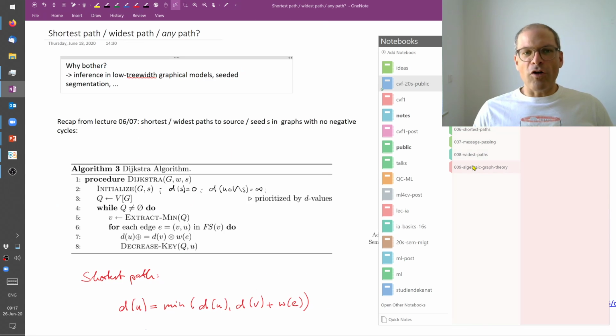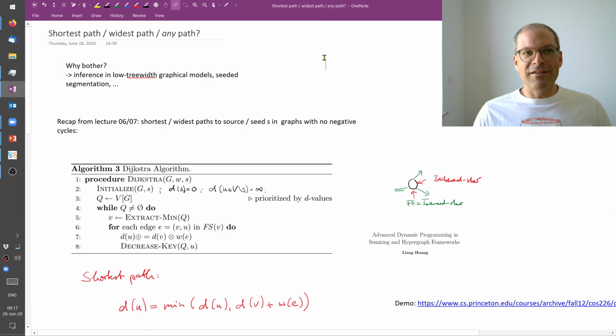So these are all places where we need some kind of short path. And today we will bring them all together under a single theoretical framework.